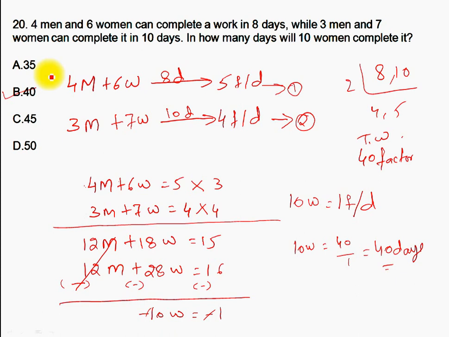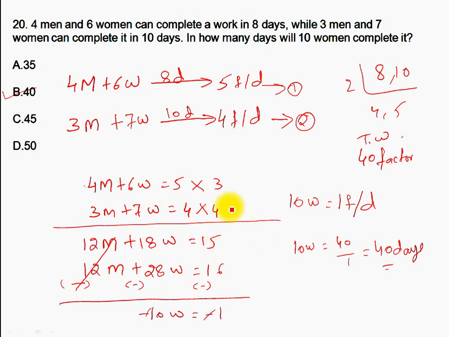You see, in this question we directly got the value of 10 women, but suppose in the question they asked for 5 women or any other number, then how do we solve it? Nothing to worry, you have to follow the same steps. We first find the value for a single woman.